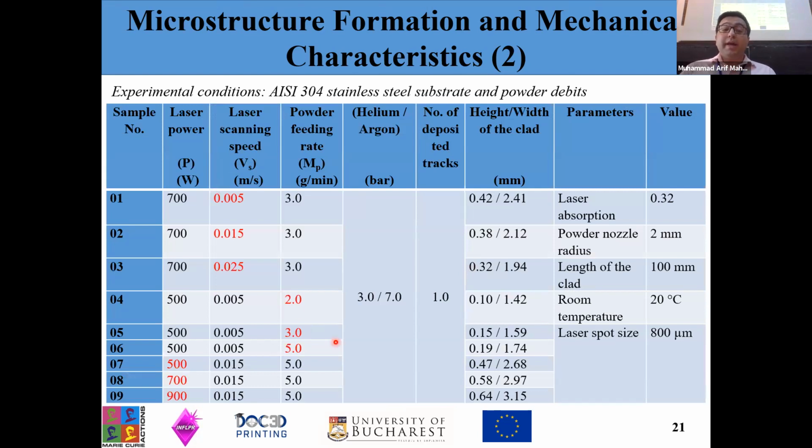We performed 9 sets of experiments. From specimen 1 to 3, we changed the laser scanning speed. From specimen 4 to 6, we increased the powder flow rate. And from specimen 7 to 9, we increased the laser power.